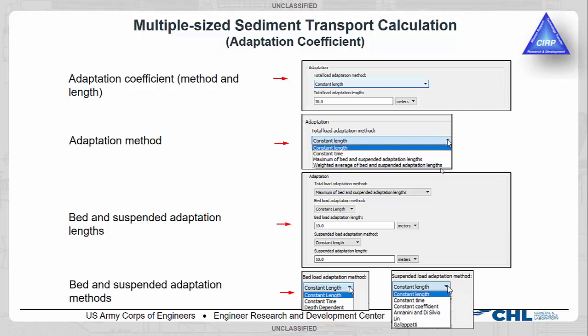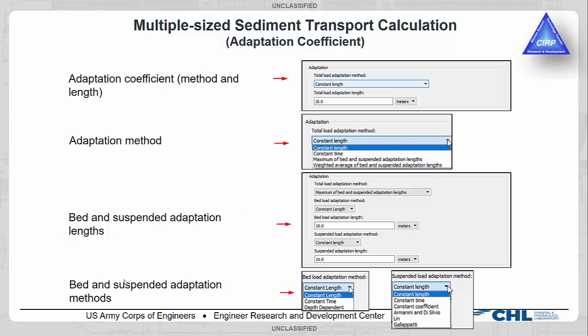And corresponding to those methods, sometimes you need to do more. Like if you pick the third and the fourth one, related to bed and suspended adaptation length, you have some other options, and you also have a way to pick a method. It's kind of complicated.